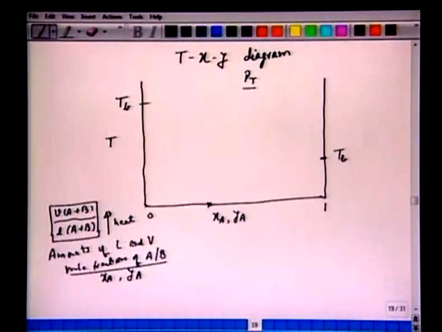If you do this experiment, what we observe is that as we increase the temperature, a certain temperature is reached at which the first bubble is formed.